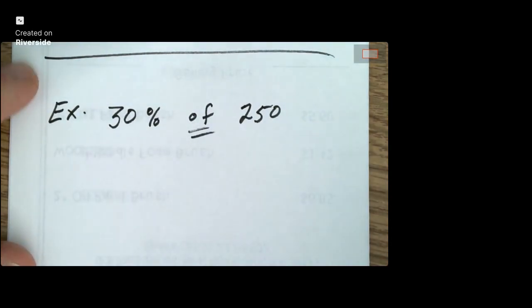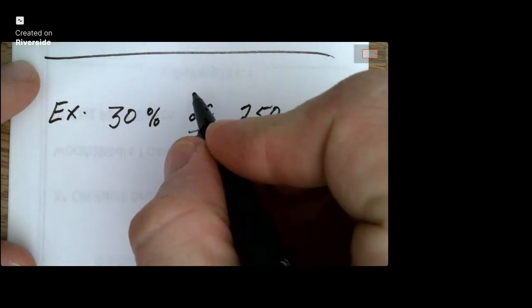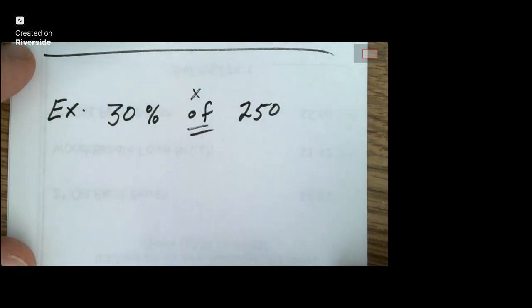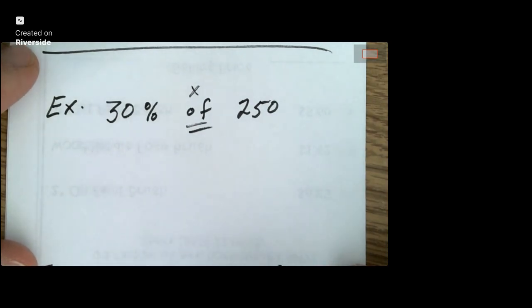You could be taking 1/2 of 250. You could be taking 60%. You could be taking 2 1/3 of 250. Anytime you're taking something of something, replace that keyword with a multiplication sign.